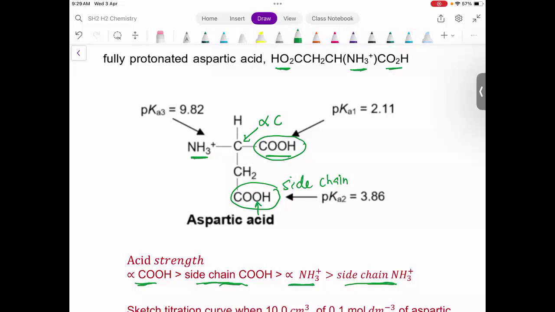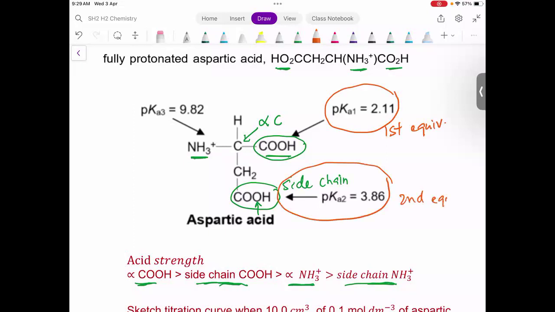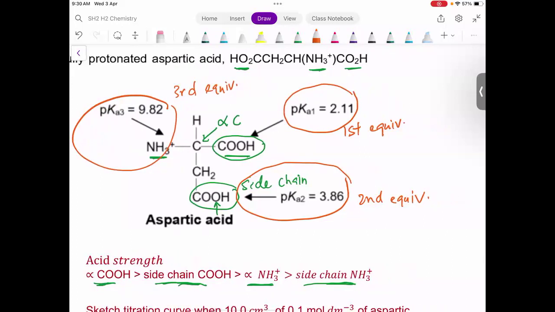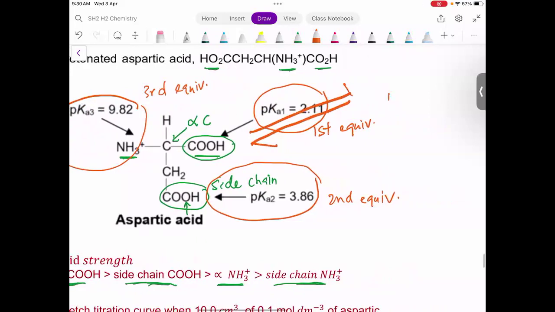If I ask you to sketch a titration curve, you must recognize that the first equivalence point will correspond to Ka1. Then the second equivalence point will correspond to Ka2. Then the third equivalence point will correspond to Ka3. At the max buffer region, this will be in equilibrium with the ammonium salt.